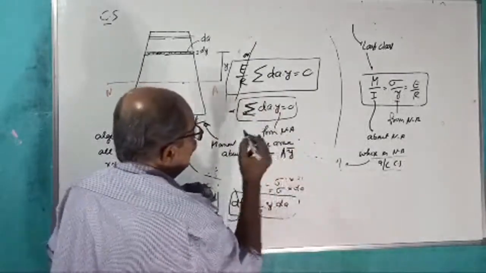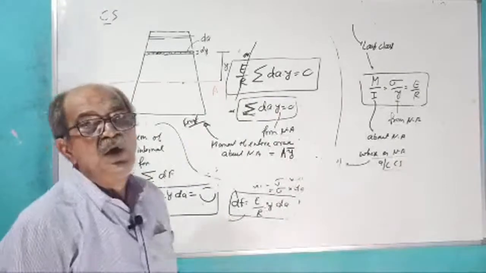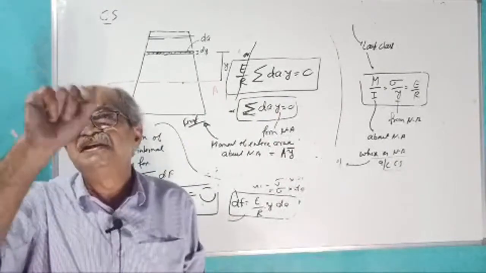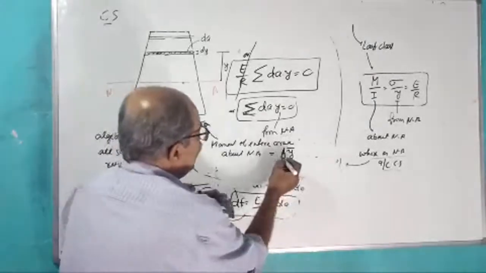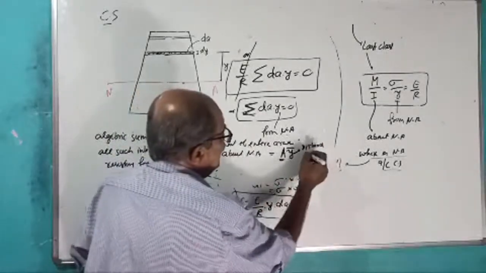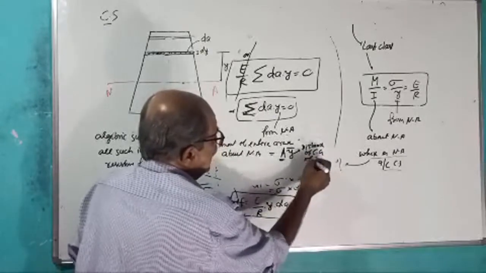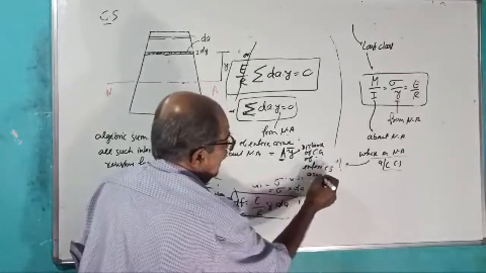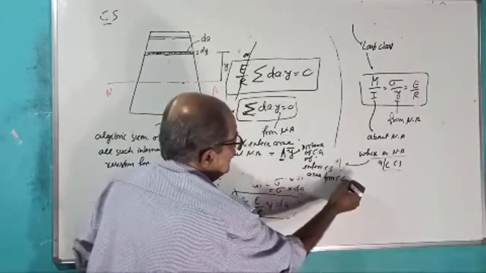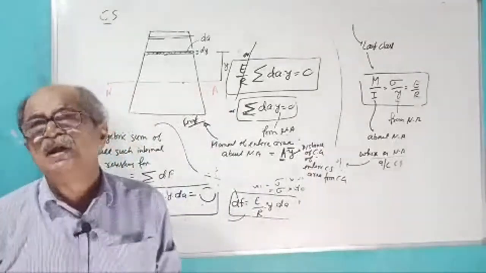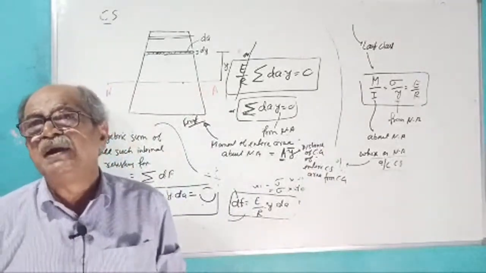Correct? Equal to A Y bar. Yes or no? Total area into distance of its CG from neutral axis, that is, total area into distance of CG of entire cross-section area. Tell yes or no? See, A1 Y1, A2 Y2, A3 Y3, A4 Y4 divided by total area.